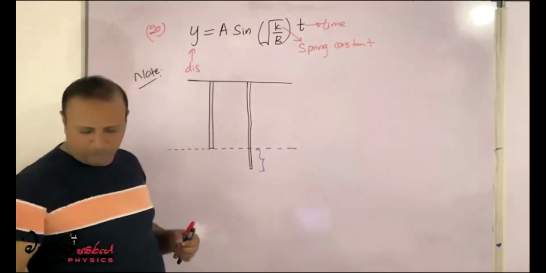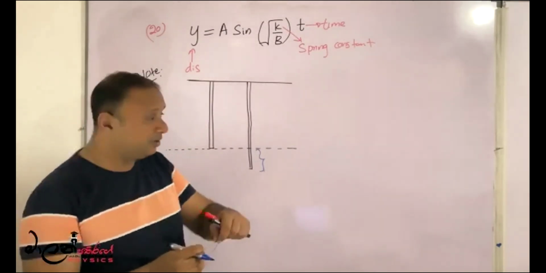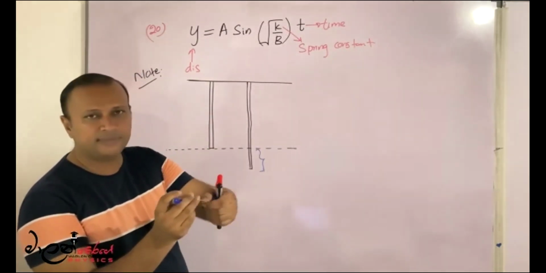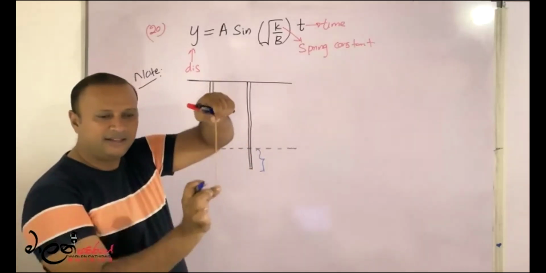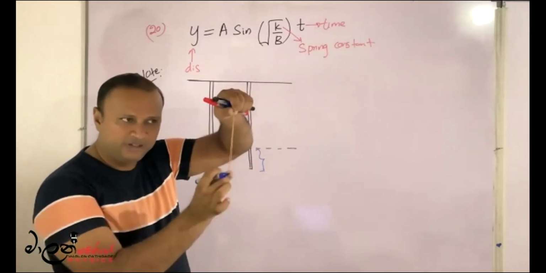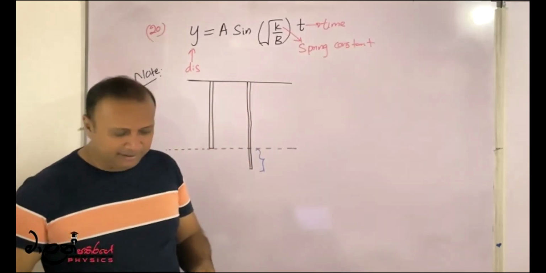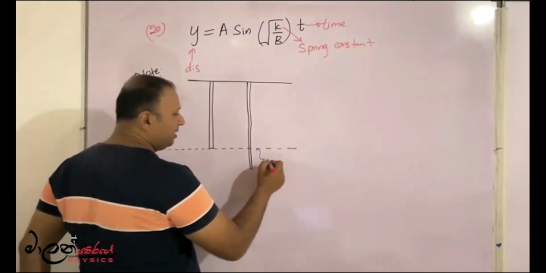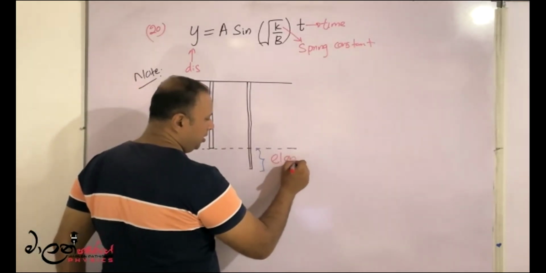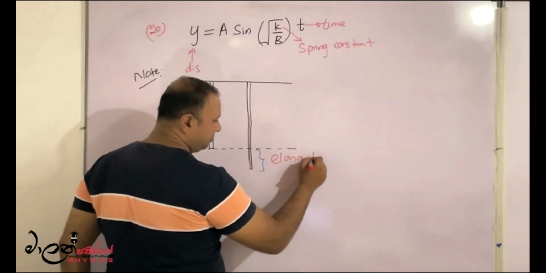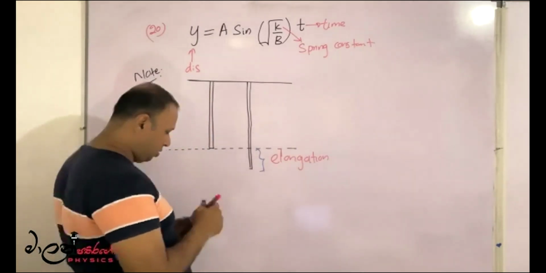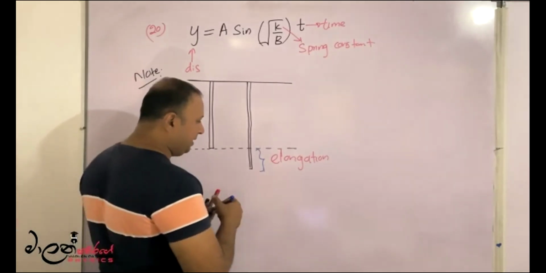If I apply a force on this kind of elastic body, it will be stretched, no? That stretched length is called elongation. Normally, it is represented by E.